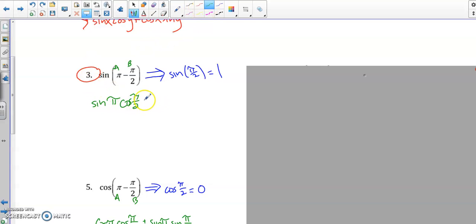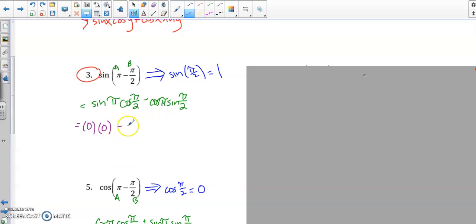So we have sine a cos b minus cos a sine b. And those are exact values that we learned a long time ago when we were actually together. So the sine of pi is 0, and you can go back to your old notes to look up. The cosine of pi over 2 is 0.